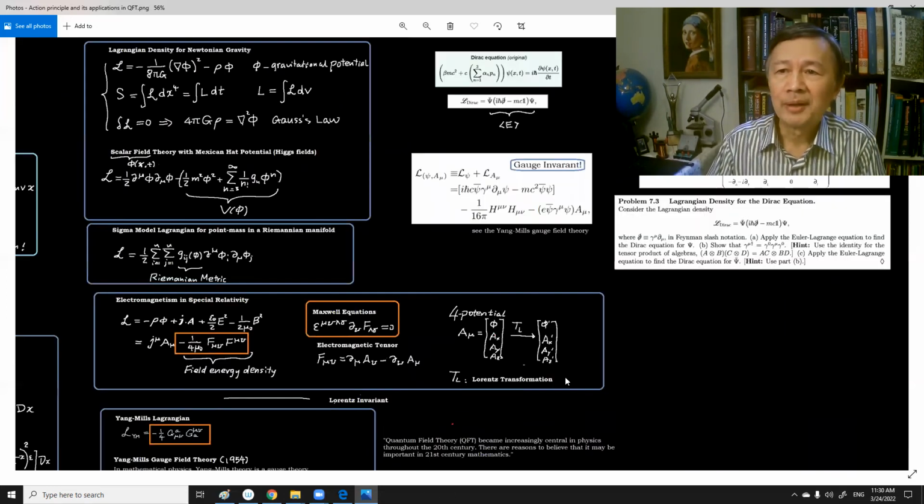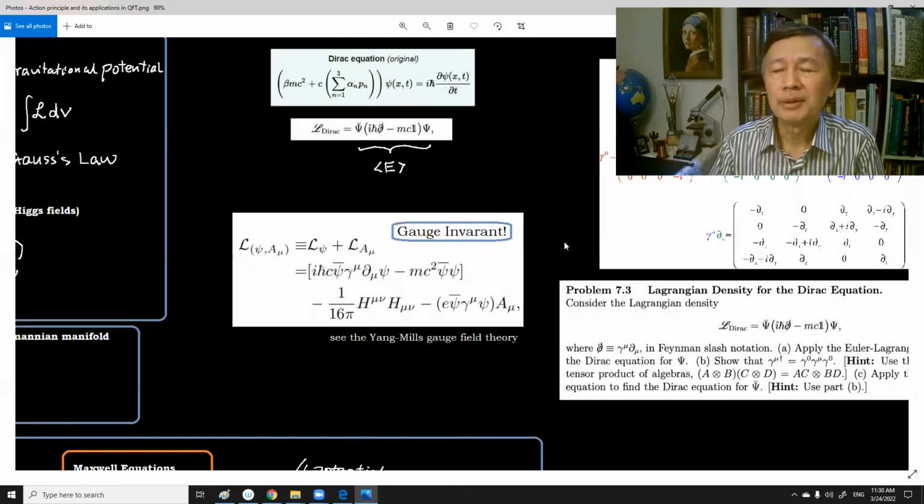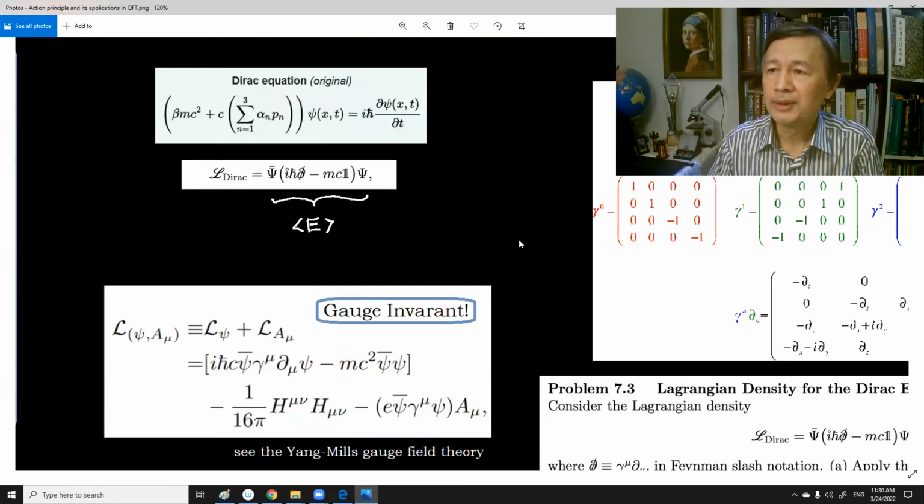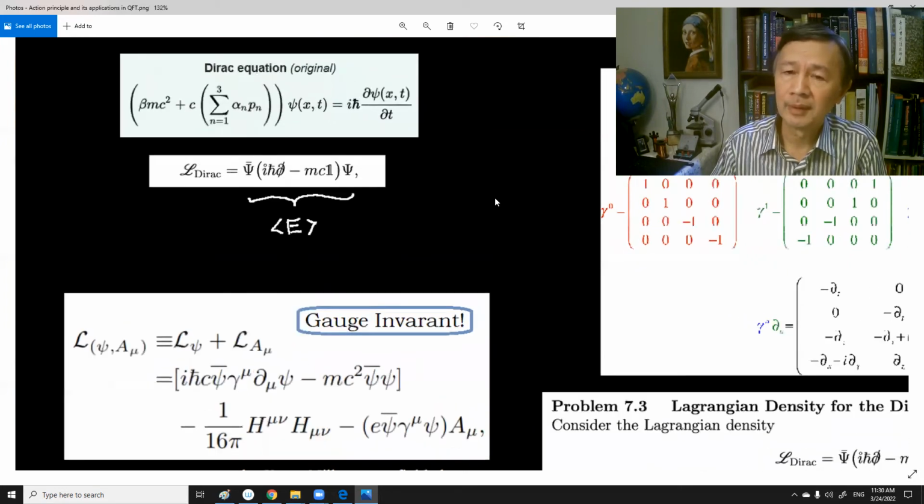All right. In passing, another important thing is that the least action principle was also used to explain the Dirac equation.